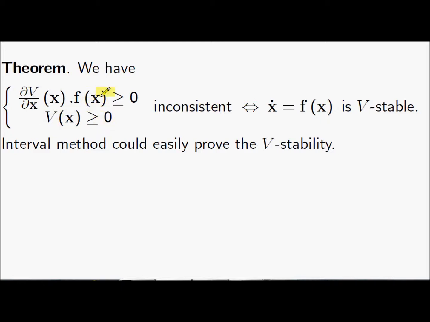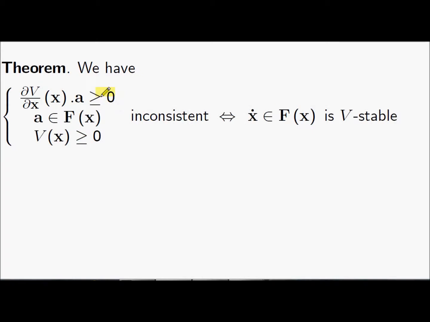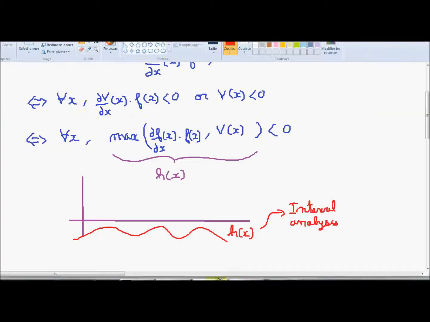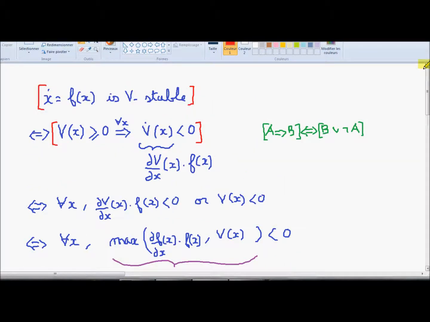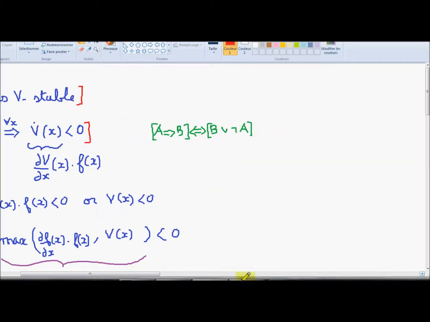Okay. Now, when I have a differential inclusion, the result can be formulated as follows. Here, excuse me, f becomes uncertain.